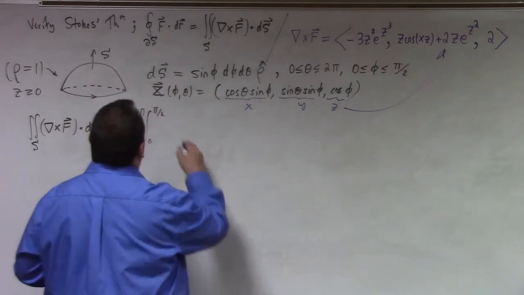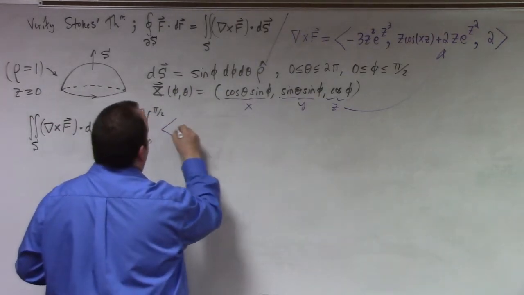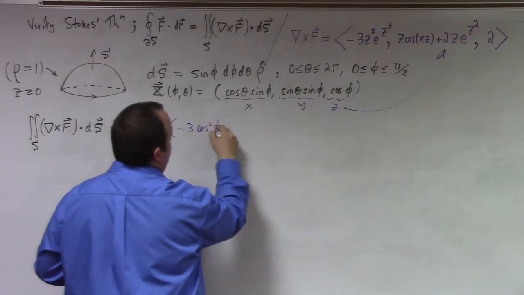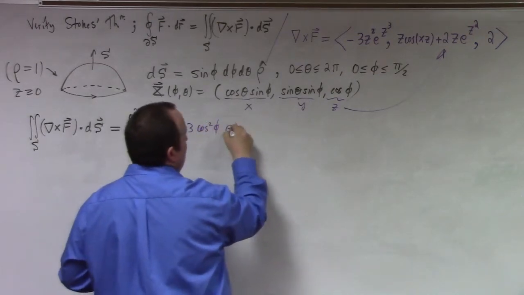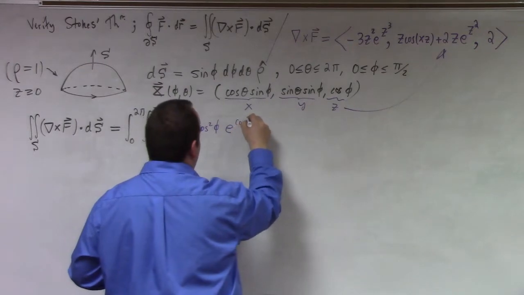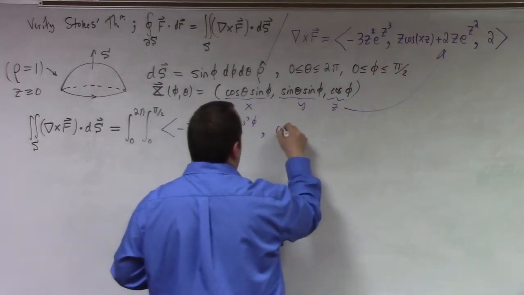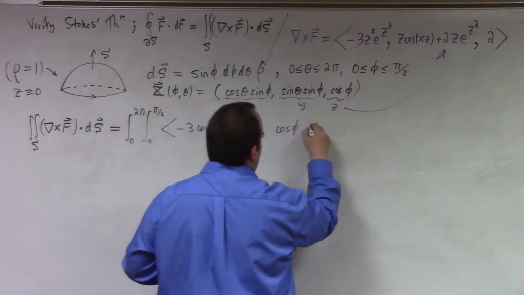So much suffering. Let's see here. Minus 3 cosine squared phi, e to the cosine cubed phi, cosine phi. I'm sorry, I'll stop cursing the problem soon.